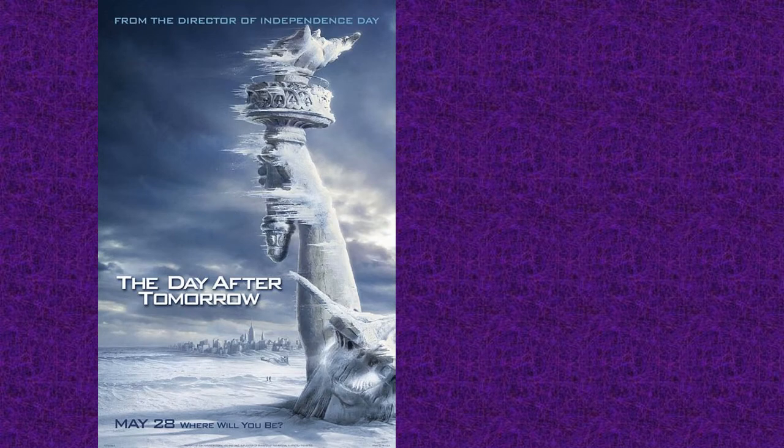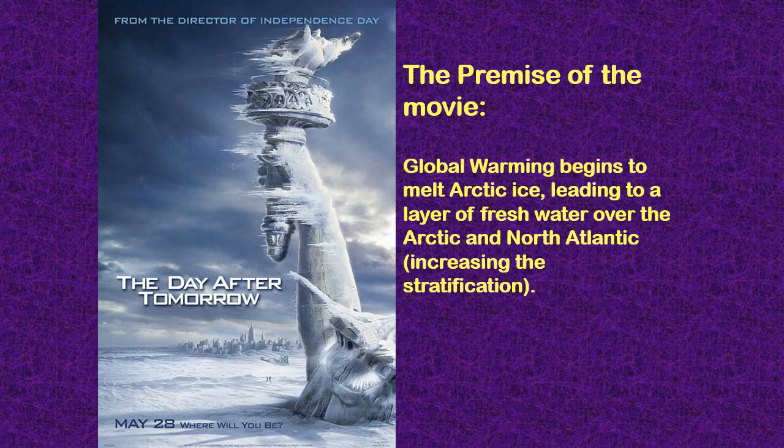So, I'm curious how many of you have seen this movie. It's a bad movie. It's not a good one. However, it does bring up an interesting point. The premise of the movie is that global warming begins to melt a lot of Arctic ice.